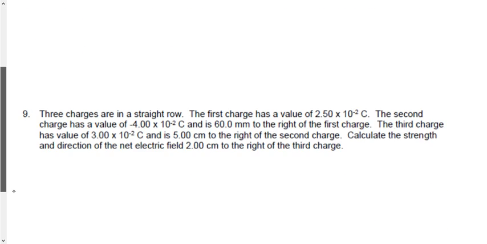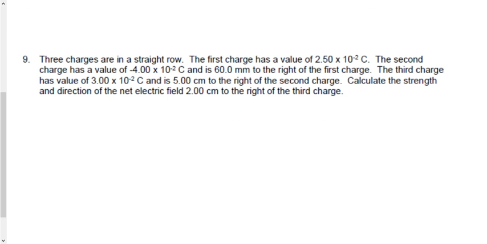Now, question number 9, we've got 3 charges in a row. The first charge is 2.5 times 10 to the minus 2. It's positive. The second charge is negative 4.0 times 10 to the minus 2. And the third charge is positive 3.00 times 10 to the negative 2.